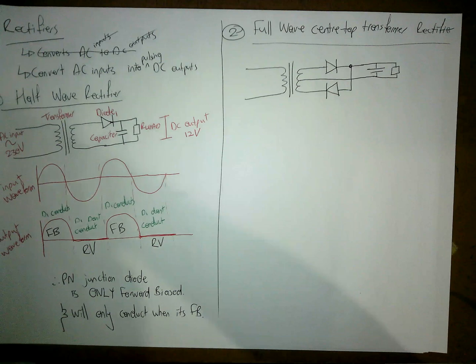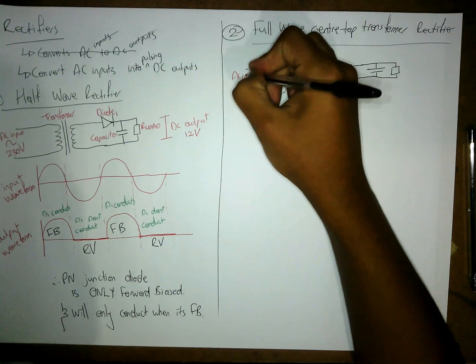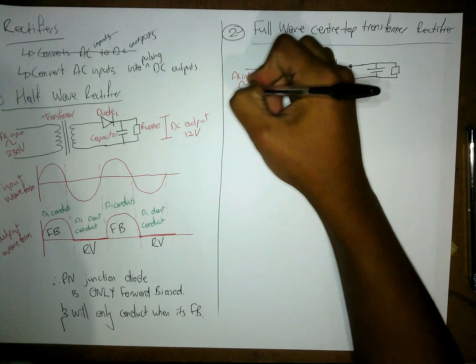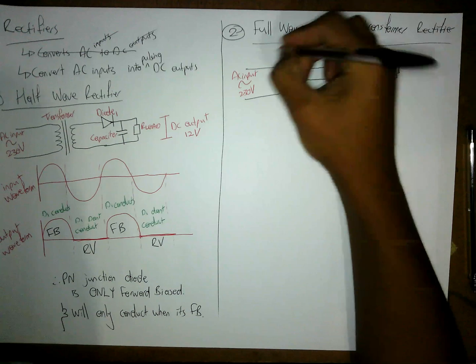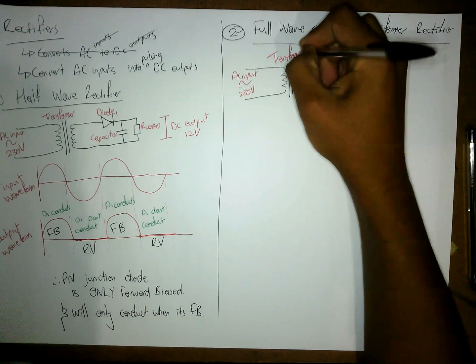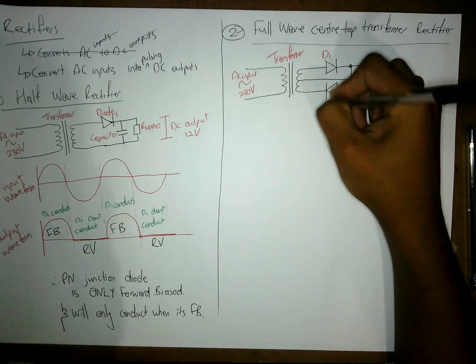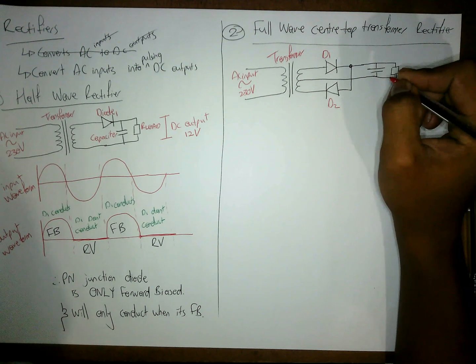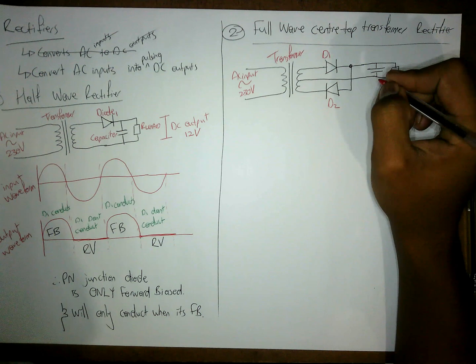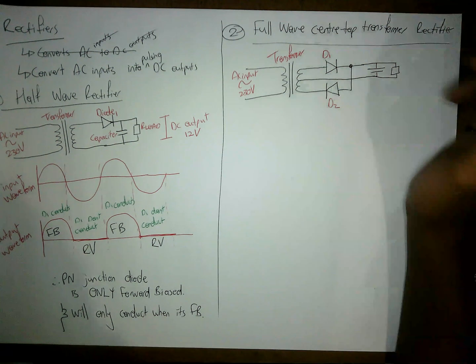Okay, so now we label. This is our AC input, our 230 volts. This here is our transformer. This is our D1 and our D2. Probably drew it the wrong way, but okay.